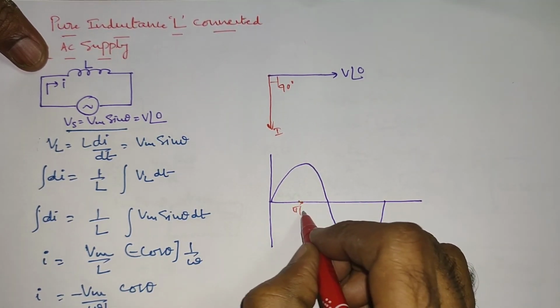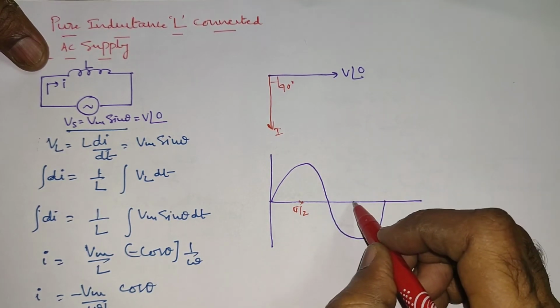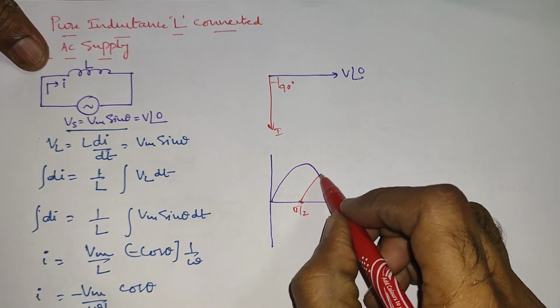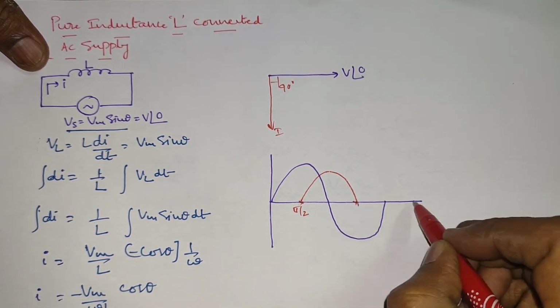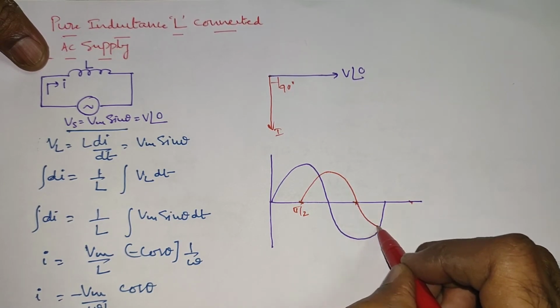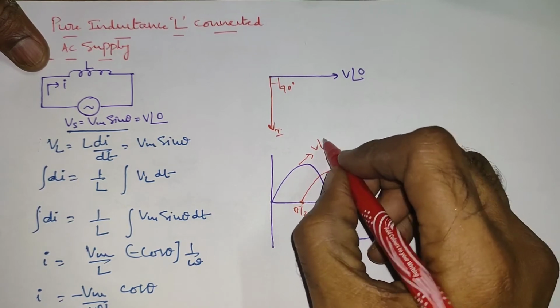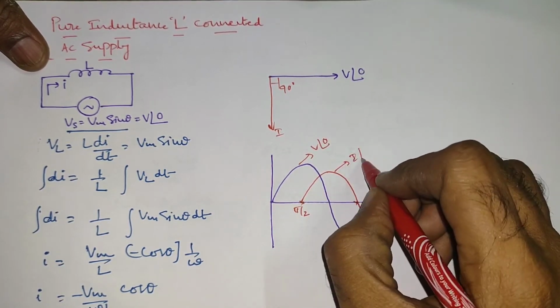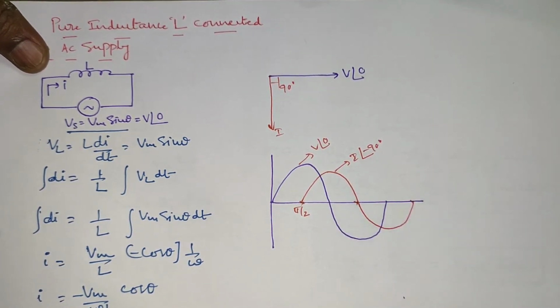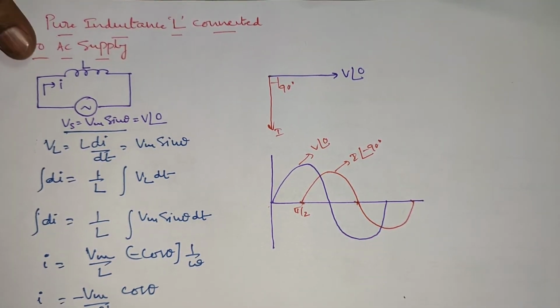Say this is the instant of 90 degrees. Like this. So this is our voltage V at an angle of 0, and this is our current I at an angle of minus 90 degrees. So the phase delay here is pi by 2.